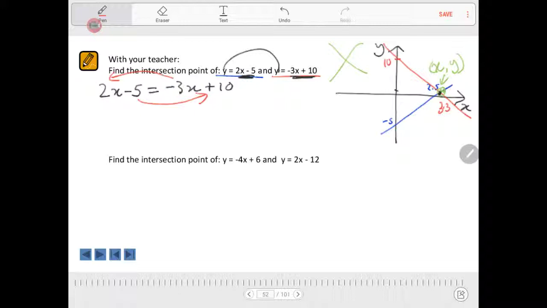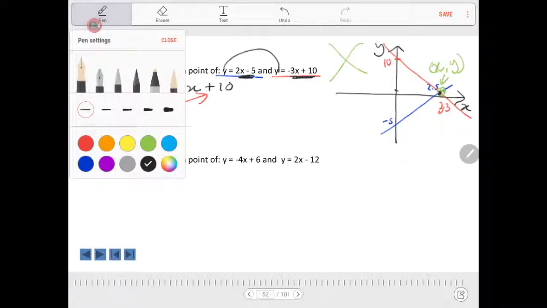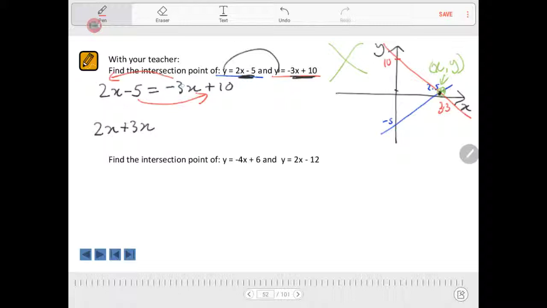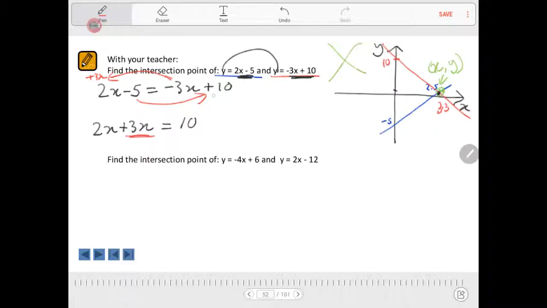Okay, so what we end up with is 2x and we plus 3x, beg your pardon. So that is this negative 3x coming over and becoming plus 3x. And this equals, we've got our 10 there, and this negative 5 comes over and becomes the opposite, which is plus 5.